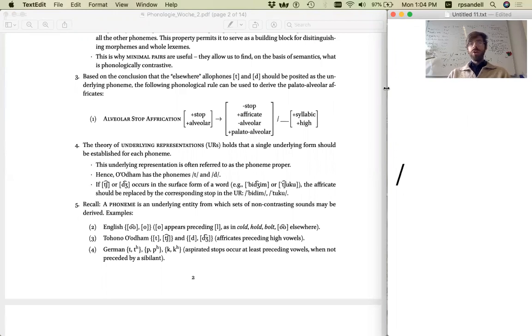And sometimes we will talk about this underlying representation as the phoneme proper. So in the case of the voiceless alveolar phoneme for O'odham, we would say here that the underlying form, the underlying phonological content of that phoneme is an alveolar stop, and that's at the phonemic level.